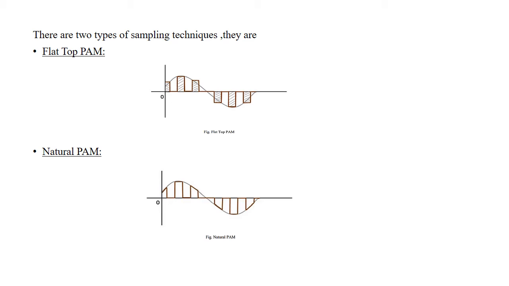The tops of the pulses remain flat, so it is known as flat top PAM. In natural PAM, the amplitude of each pulse is also proportional to the modulating signal amplitude at the time of the pulse occurrence, but the top of the pulse does not remain flat. It follows the shape of the signal's amplitude level, so it is known as natural PAM.